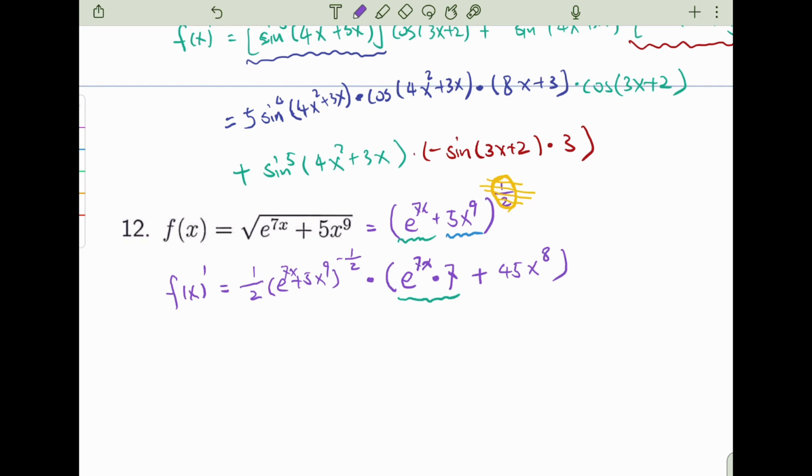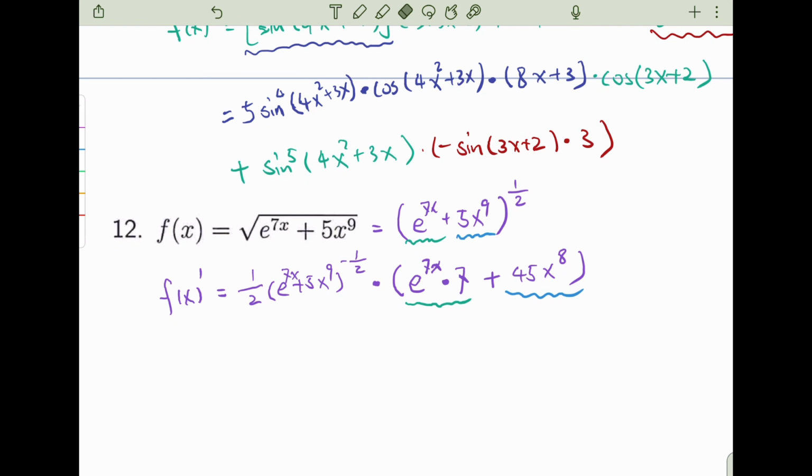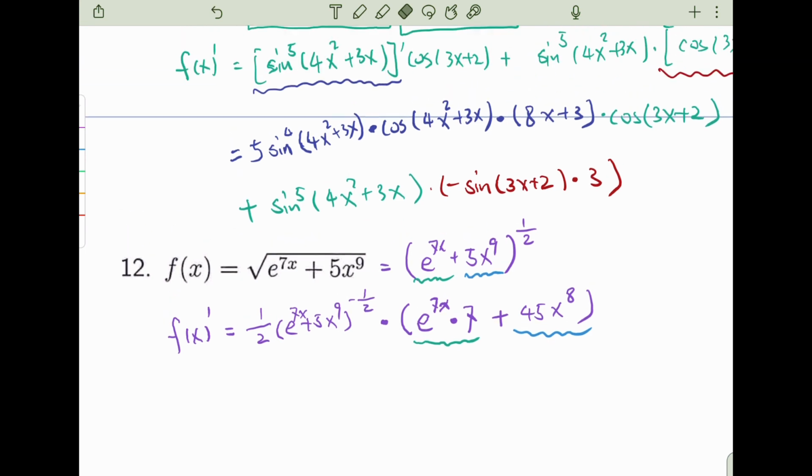Okay, and this is simple. Now we finish this derivative. We go from outside to the inside. We use the chain rule to find the derivative of each layer, and there is another chain rule inside the chain rule, so we actually apply the chain rule twice. That is the question.